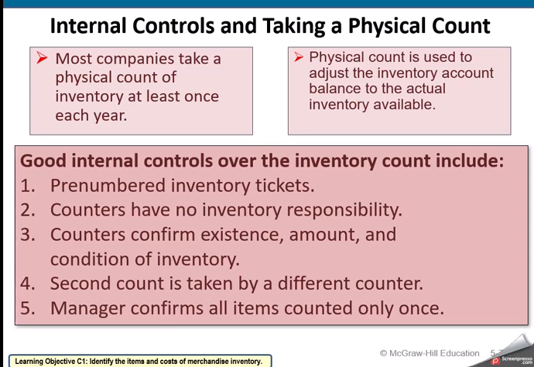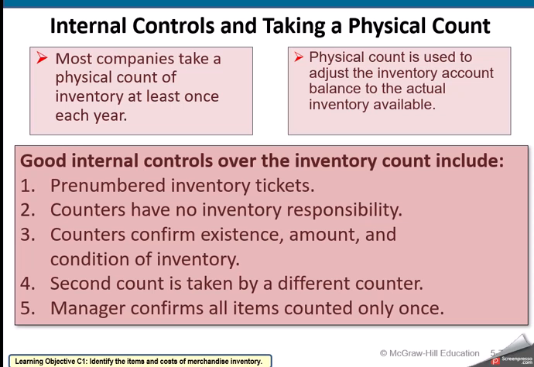Again, because what if there was theft? They could cover for their own theft by saying, okay, I stole 2 laptops and I'm in charge of counting the laptops, so I'm going to bump that total up by 2 because I know I took 2 home. You know what I mean? So you want them to be independent people who are counting the product.